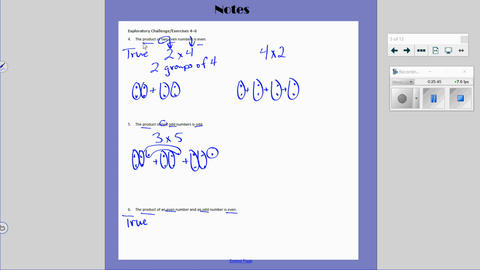There's always going to be 1 left, because most of them will match up. So if I did, for example, 5 9s, 4 of them are all going to match up, but that 5th set is going to be by himself. Make sense? So yes, this is always true, guys. So you can add a true to this statement as well.